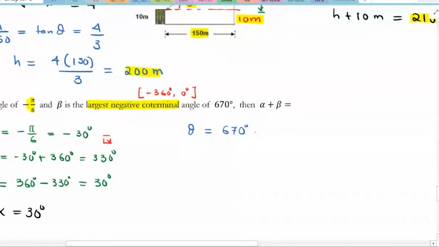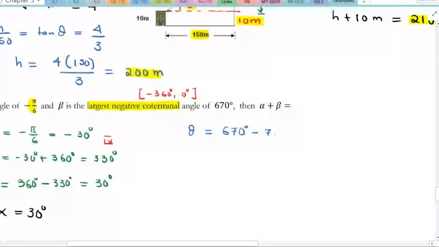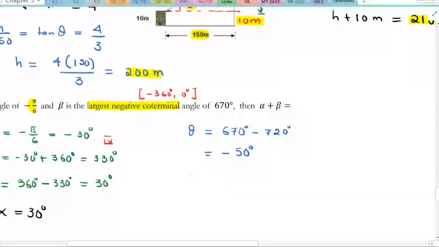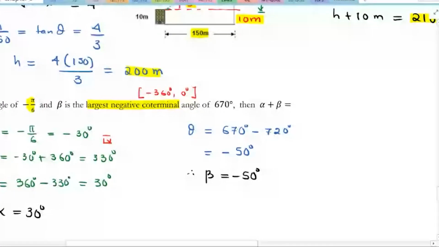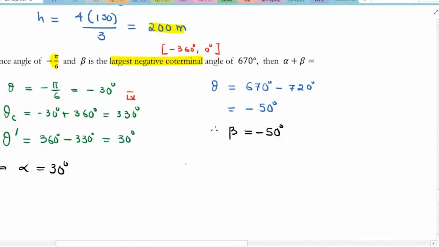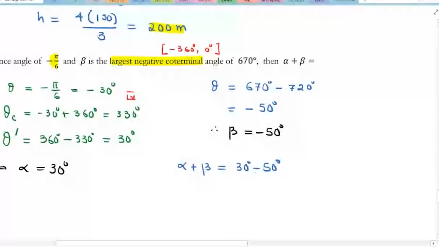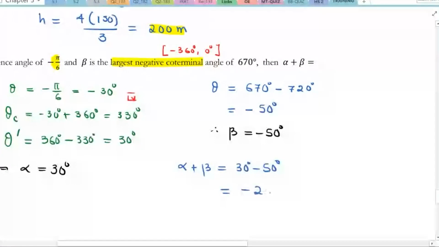So in other words, I am going to subtract 720 degrees. So we are going to get minus 50 degrees. Therefore here, beta will be equal to minus 50 degrees because we are talking about negative coterminal. So gentlemen, alpha plus beta will be equal to 30 degrees minus 50 degrees, which is equal to minus 20 degrees.